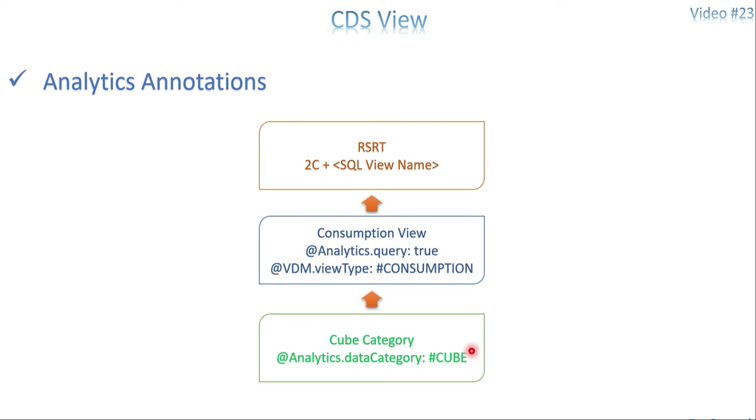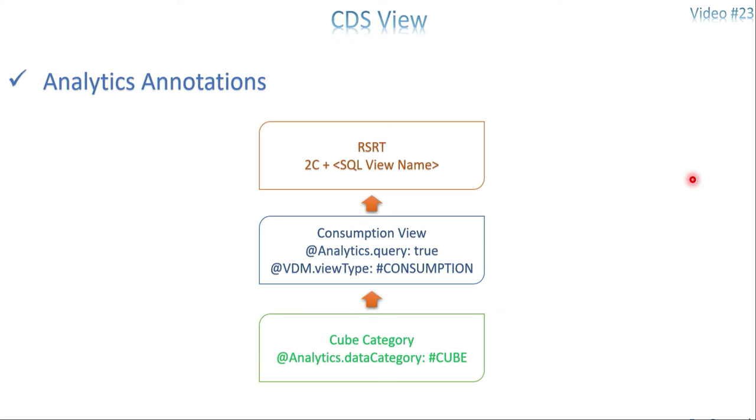On top of these CDS views, I'm going to create my final view. The final view is always the consumption view, and in it I'm going to use the annotation analytics query true.